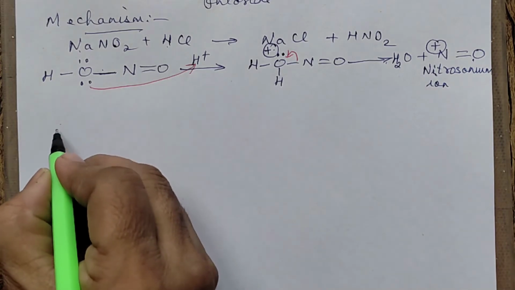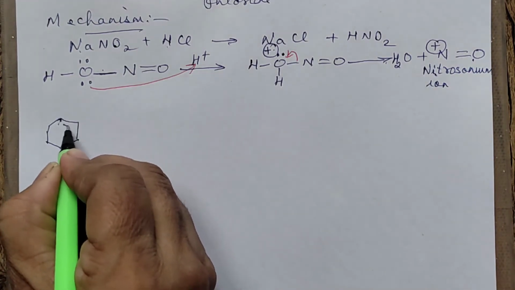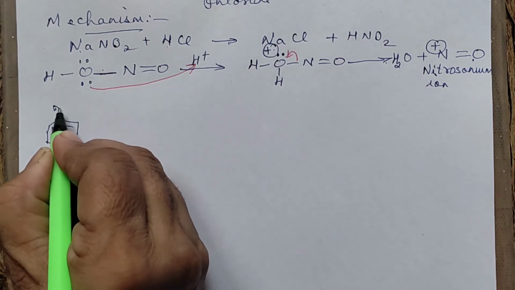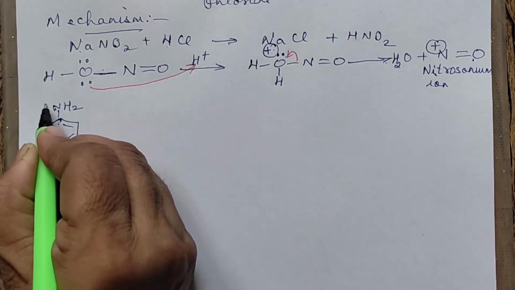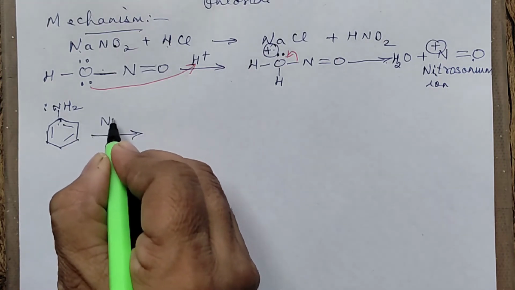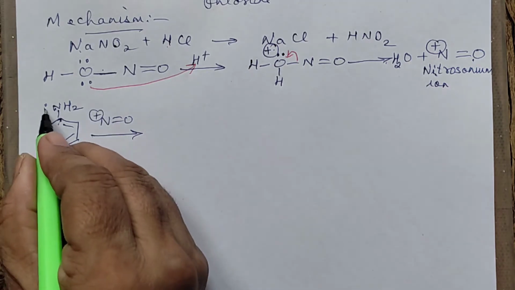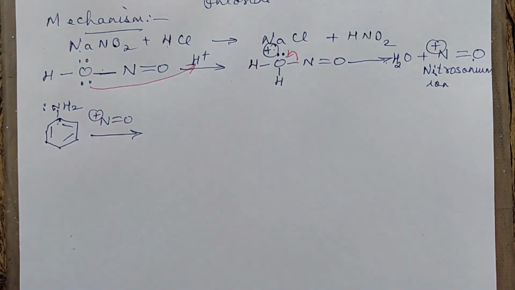So now what happens is, aniline, in which nitrogen has a lone pair of electrons. Nitrosonium, which was formed here, attacks that nitrogen atom containing the lone pair of electrons.